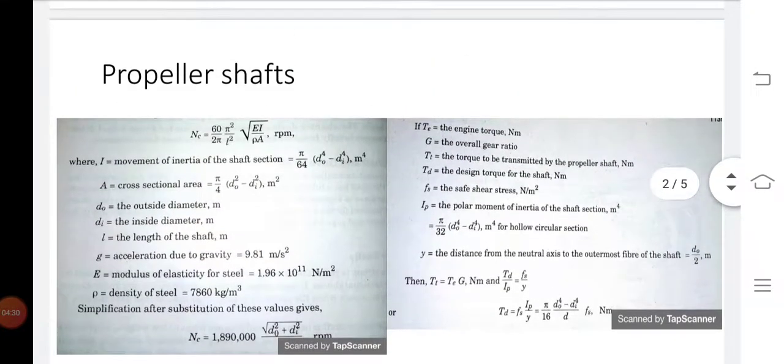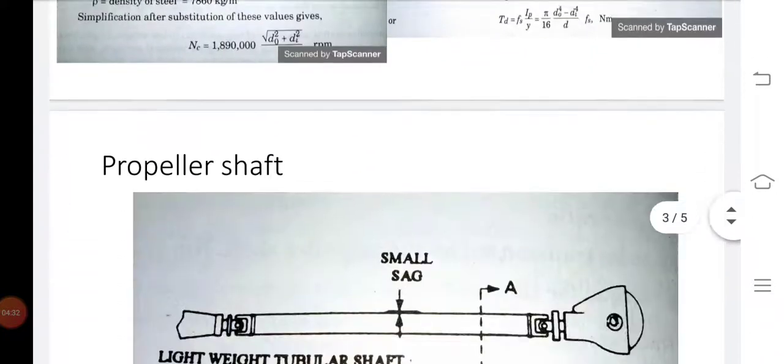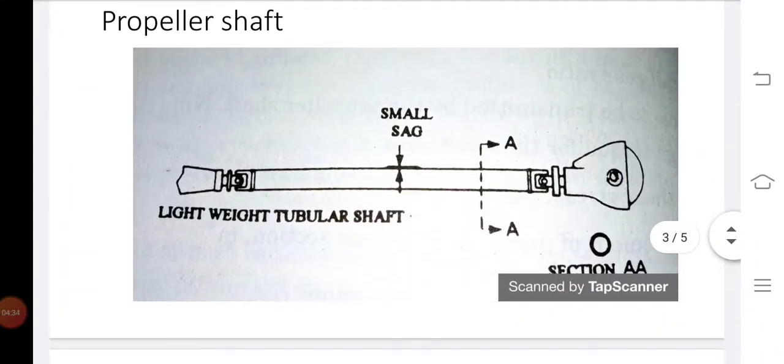These properties are needed because the propeller shaft transfers the power from the multiplication unit to the rear wheel drive.